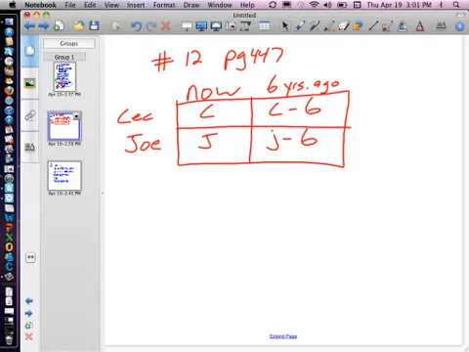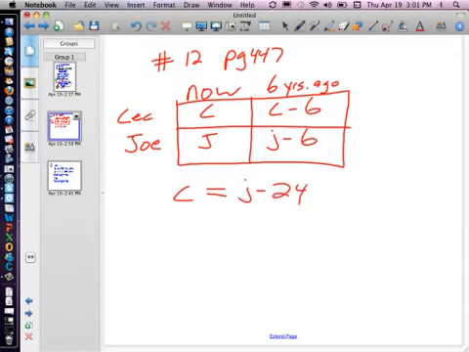Okay, now that we have the chart about now and 6 years ago, pretty simple to make, we can make our equations. So Cecilia is, that's a now, 24 years younger than Joe. Well, she's 24 younger than Joe, so that must mean C equals J minus 24, right?